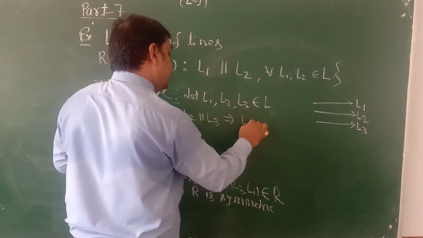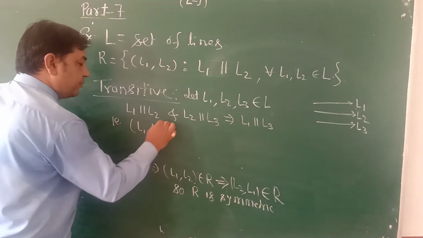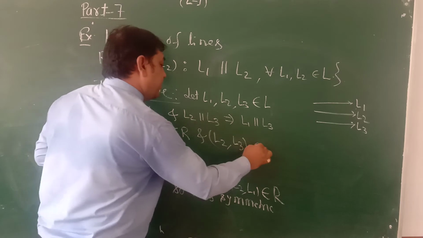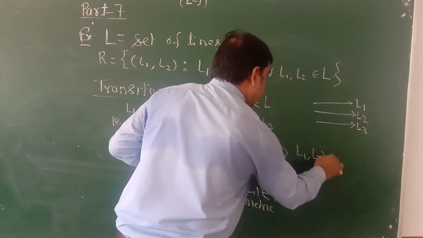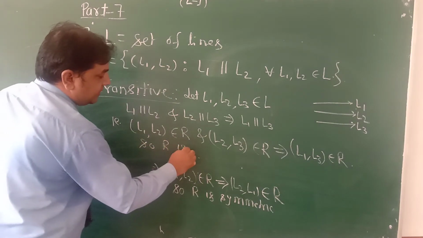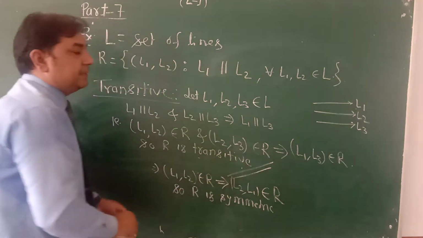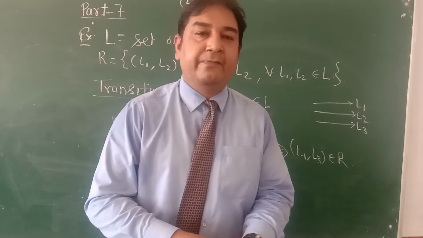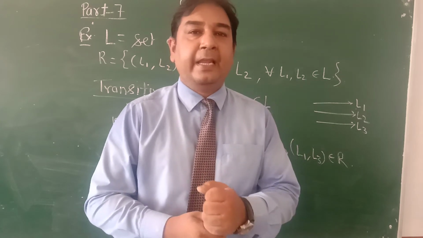This implies L1 is parallel to L3. That is, (L1, L2) belongs to R and (L2, L3) belongs to R. This implies (L1, L3) belongs to R. So R is transitive. Since this relation is reflexive, symmetric as well as transitive, we can say that relation R is an equivalence relation.